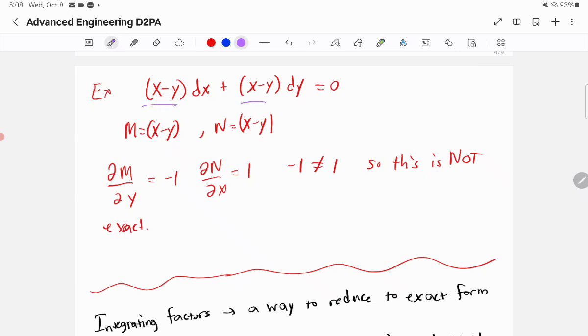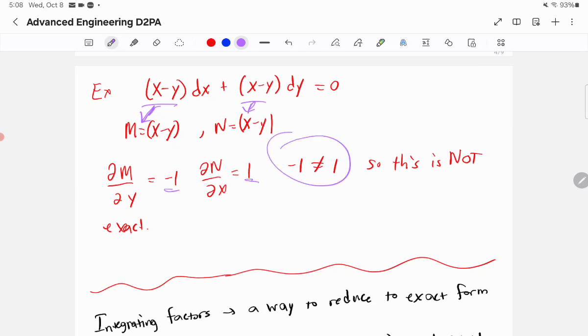Okay, so my M here, because it's the term that goes in front of the dx, is x minus y. My N here is also x minus y, because that's the term that goes in front of the dy, and it's equal to 0. So we're potentially in exact form, but notice that if I take the derivative with respect to y here, well, x is held constant, so that's 0, so we get minus 1 for that derivative, but we get a plus 1 for this derivative.